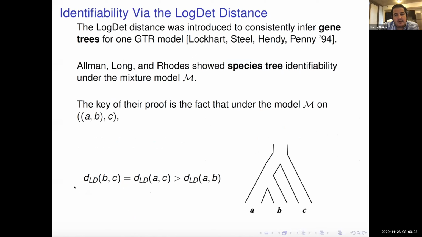And then Allman, Long, and Rhodes showed species tree identifiability under the mixture of coalescent mixtures, or the model M. Now, if we were having a beer or in a bar just chatting about this result, it seems quite hard to believe, because you have this gene tree generation and then you have the GTR model, and then you concatenate all those gene trees, and can you infer the species tree? It was hard for me to believe until they proved it.